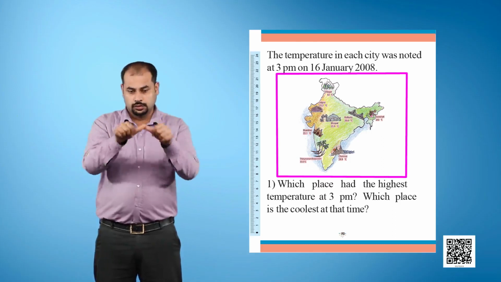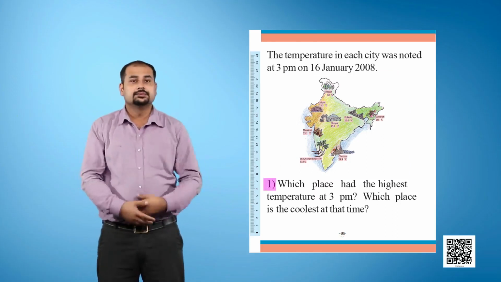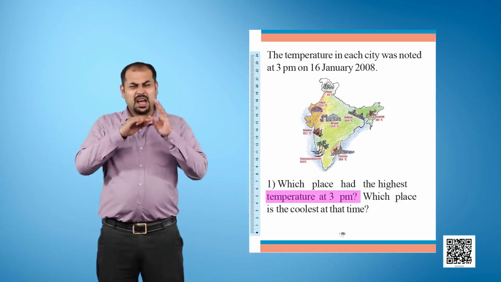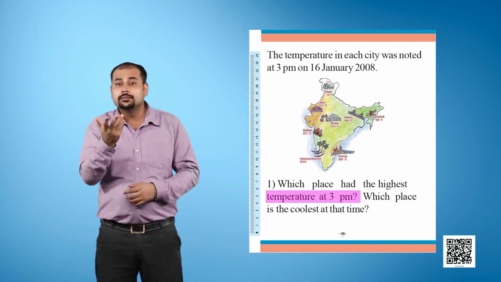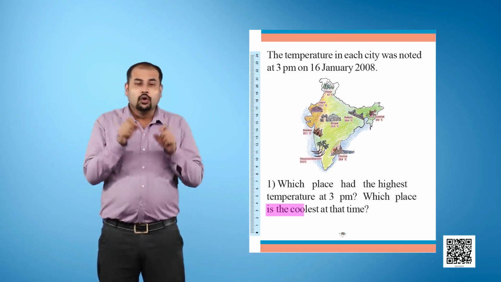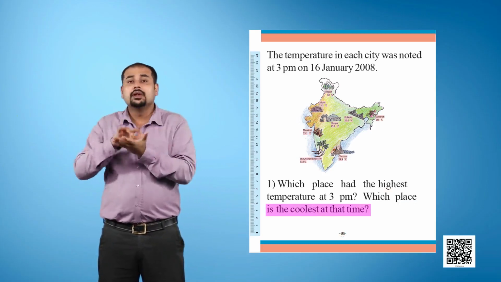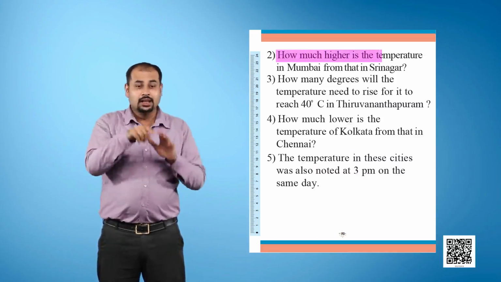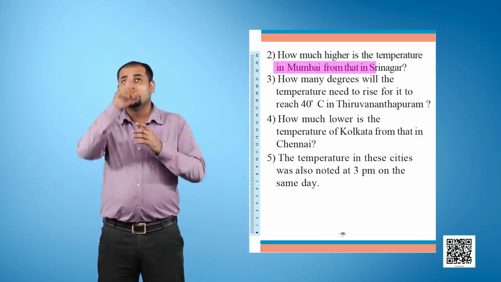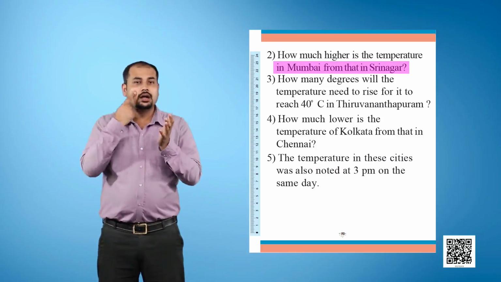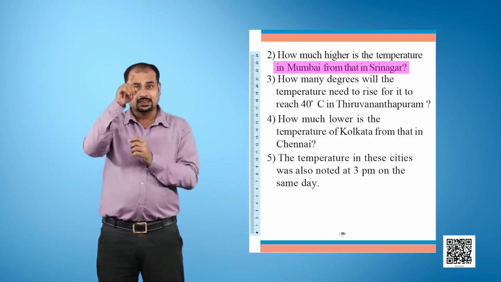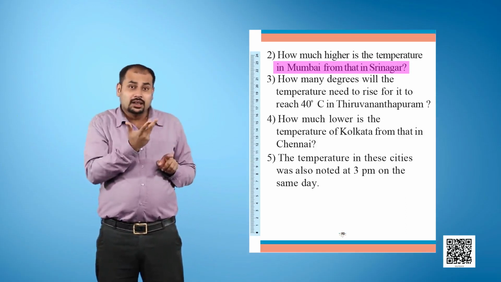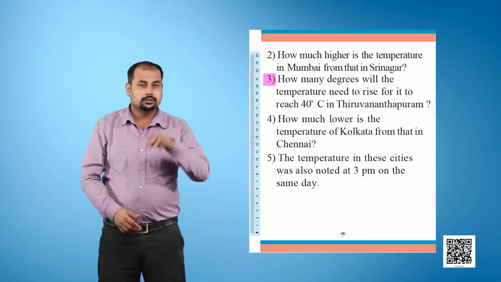Questions. 1. Which place had the highest temperature at 3 p.m.? Which place is the coolest at that time? 2. How much higher is the temperature in Mumbai from that in Srinagar? 3.